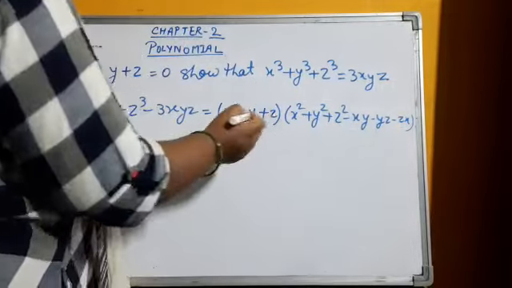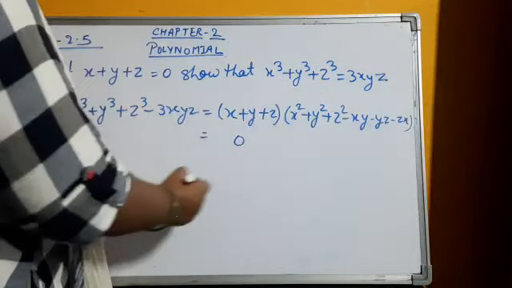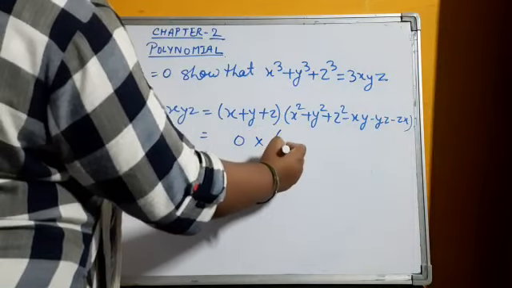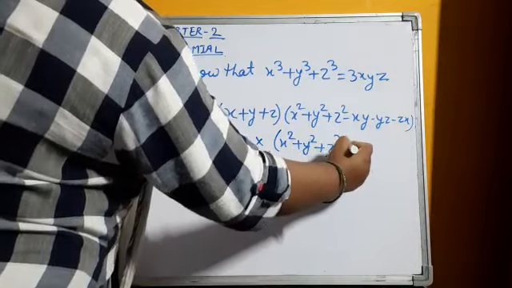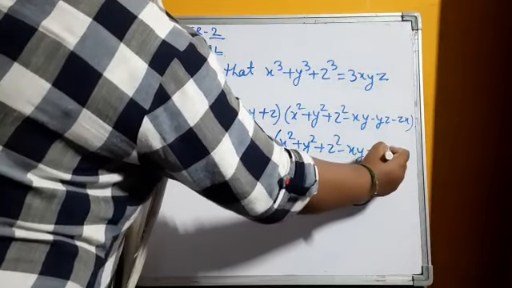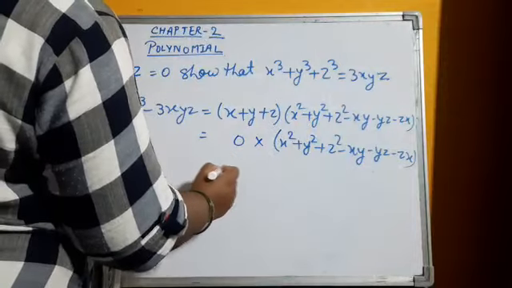If this x plus y plus z is 0, according to the question, we will put 0 here. 0 multiplied by anything will give you 0 only, so 0 multiplied by this will also be 0.